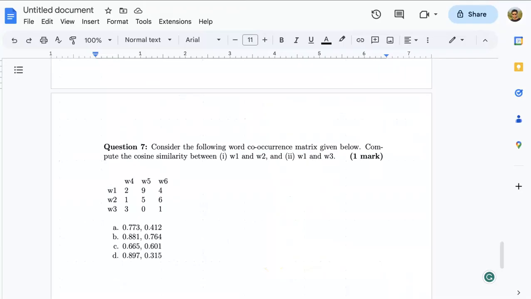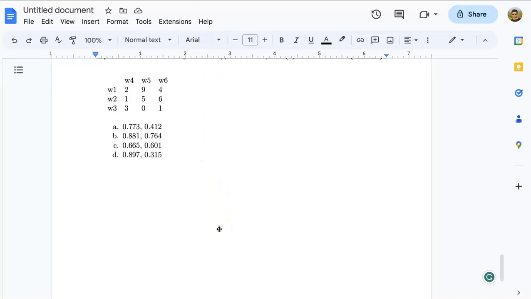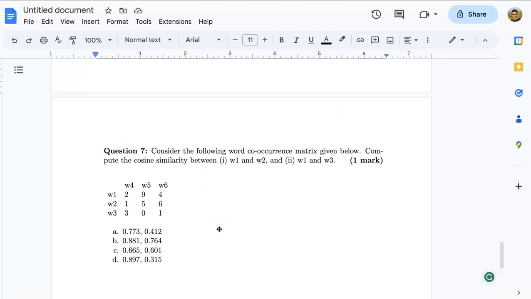So that's it for this week. I don't have any further questions to discuss, because all these problems this week are pretty easy, basically numerical problems, simple plug and play. If you know the formula, just take the values and put them into the formula, and you will get the answer.